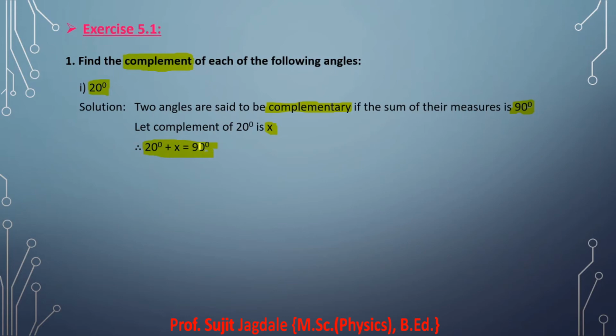Now we can solve this equation by transposing this 20 to the right hand side, and we know that after transposing any number to the other side, its sign is reversed.